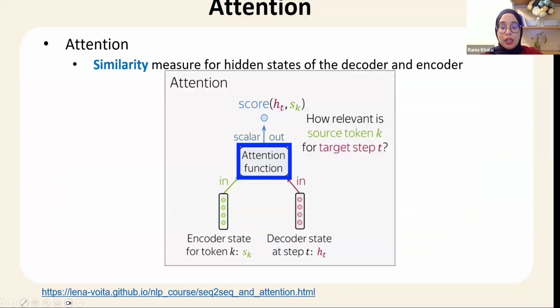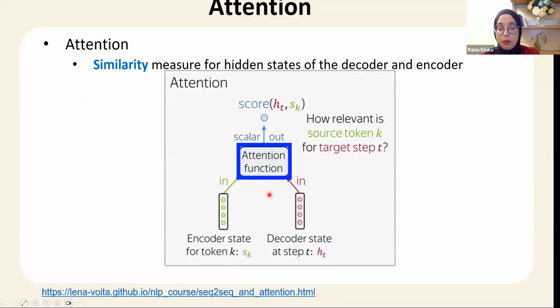So how do you actually compute this? This was the question. The goal is to measure the similarity or correlation between the decoder hidden state and each of the encoder hidden states.